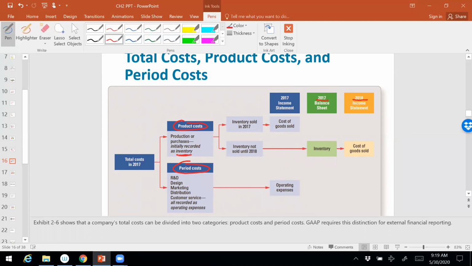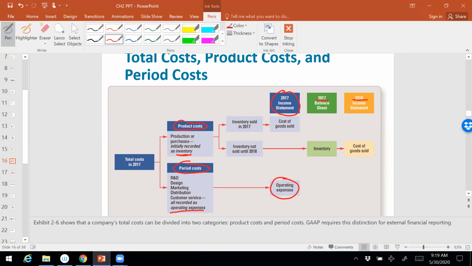When you get the inventory, you first debit inventory, and then when you sell your inventory, it becomes your cost of goods sold. But it's your inventory first in the balance sheet as the product cost. And then we said all the others are recorded as operating expense. So they just became the operating expense immediately in 2017, in the income statement.